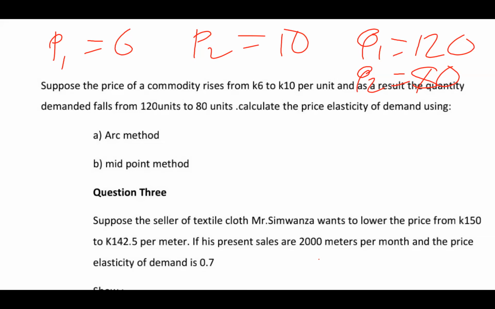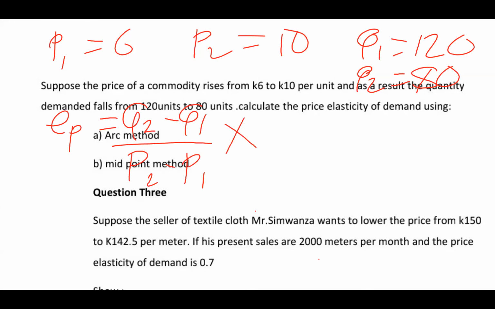You remember the arc method, that elasticity of price using the arc method is equal to Q2 minus Q1 over P2 minus P1, multiplied by P1 plus P2 divided by Q1 plus Q2.